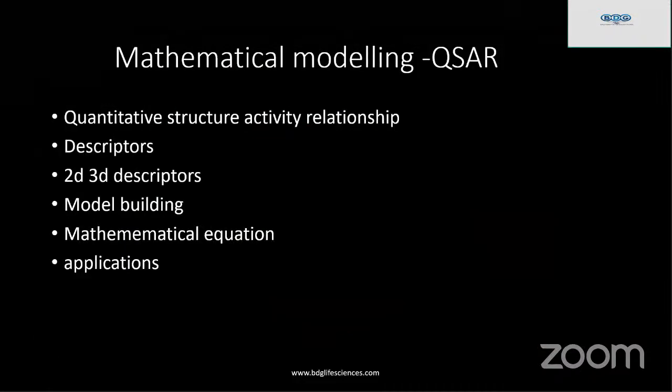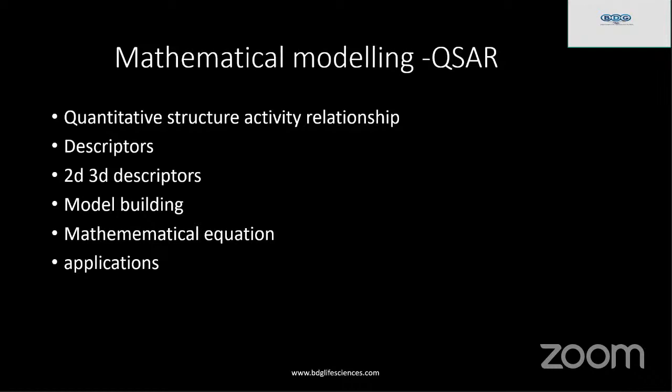Then last is mathematical modeling or QSAR, which is a very highly advanced stage of quantitative structure activity relationship. It comes with descriptors, and we have 2D and 3D descriptors. What is meant by 2D and 3D descriptors is the properties which are 2-dimensional and 3-dimensional. These properties help us to give models.